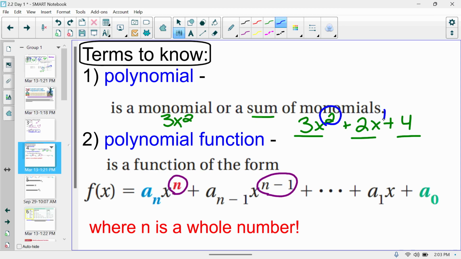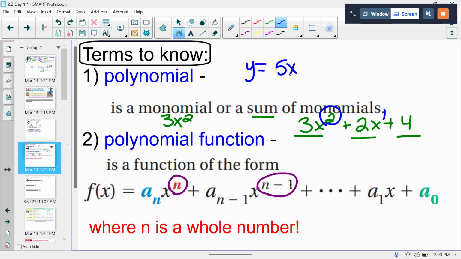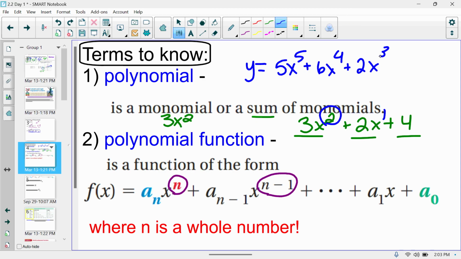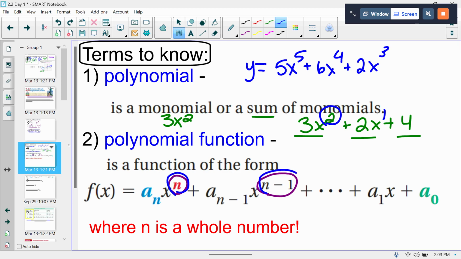Usually we write it so that the exponents go in order from greatest to least. So if you had a polynomial function that looked like 5x to the 5th plus 6x to the 4th plus 2x to the 3rd, see how the exponents are going down by 1 each time as I'm writing it? That's what this is trying to say to you. We write it in an order so that the exponents go down by 1 each time. You start with whichever term has the highest and then it goes down.